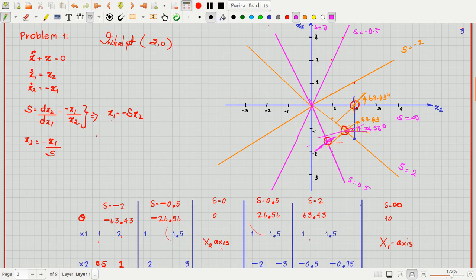It is something like this, and this line has to be actually parallel to this line, because I want my trajectory to go through this point. I'm drawing it a little bit like this. I will draw this line also a little bit differently.